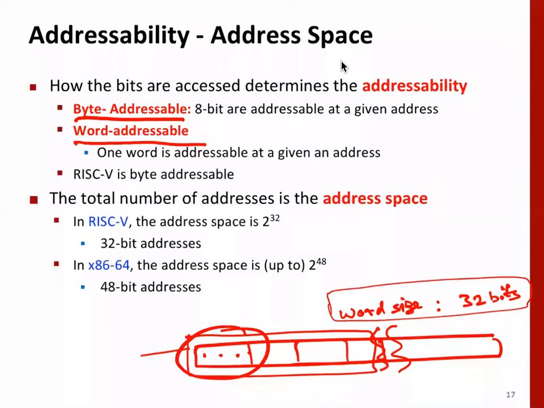So the first location will be 0000, the second location will be 0001, the third location will be 0010, and so on. Had it been word addressable, then the first location is of course 0000, but the second location, after 4 bytes, will be 0001. All right. Is it clear?